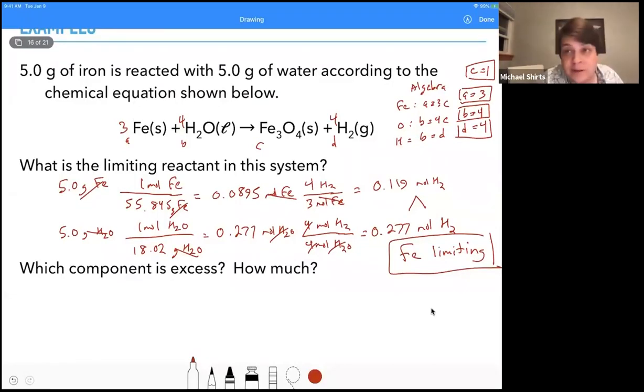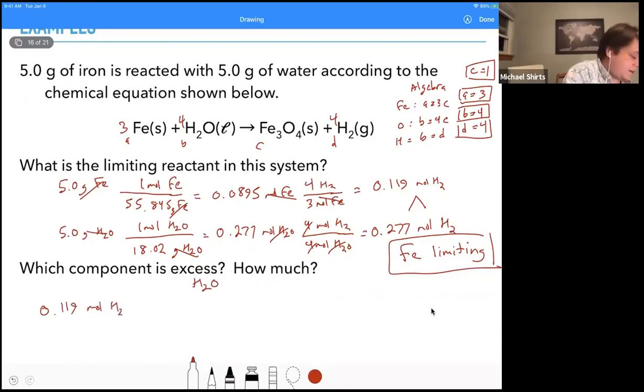So which component is excess? Well, whatever's not limiting. So it's going to be H2O. H2O is excess. So how much is excess? Well, there's going to be 0.119 moles of H2 produced.